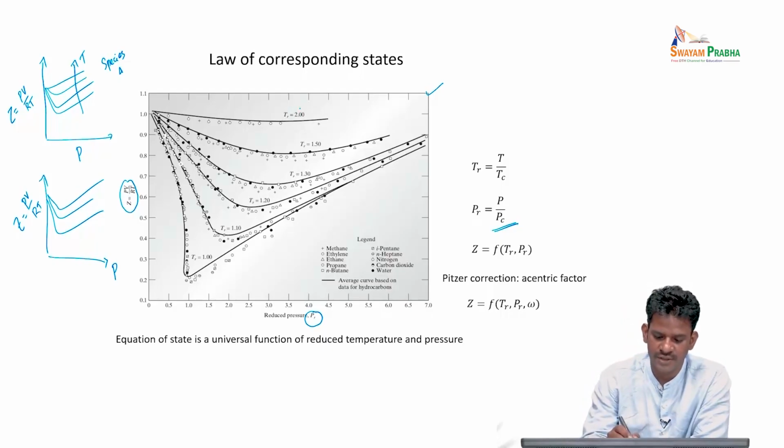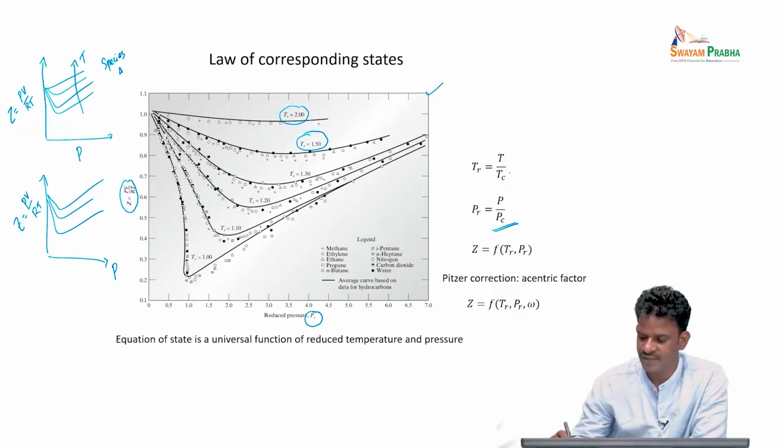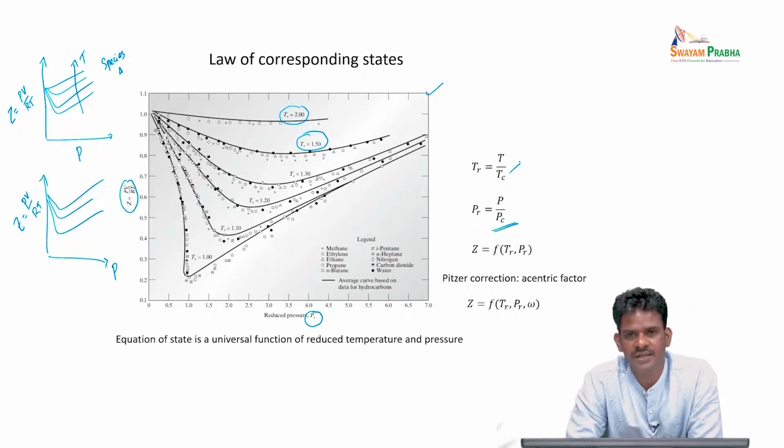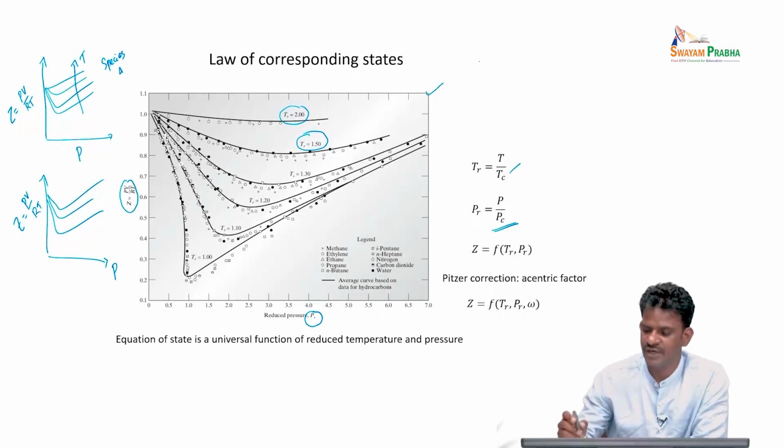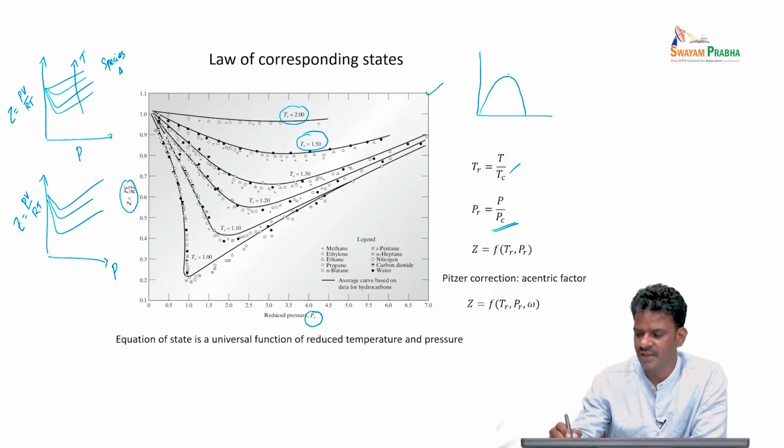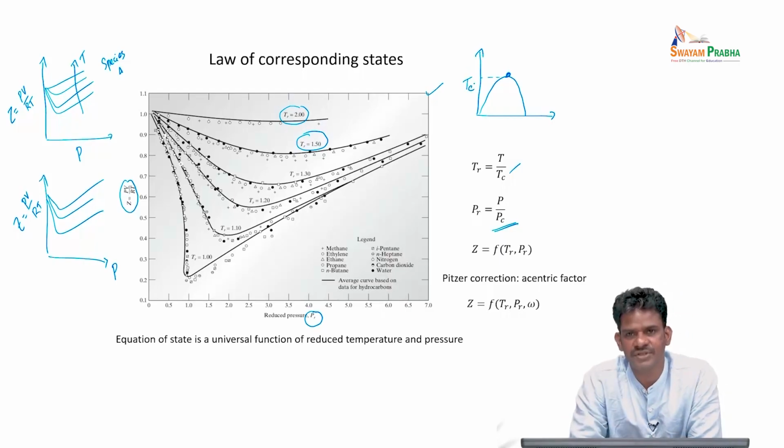And these curves correspond to different reduced temperatures, defined as temperature divided by the critical temperature. As you might know, for any pure substance, there is a unique critical point corresponding to a particular temperature and pressure. So this is the critical temperature, and correspondingly you take a critical pressure as well.